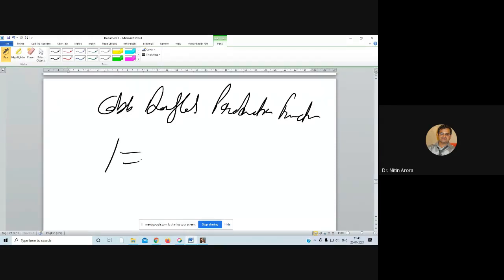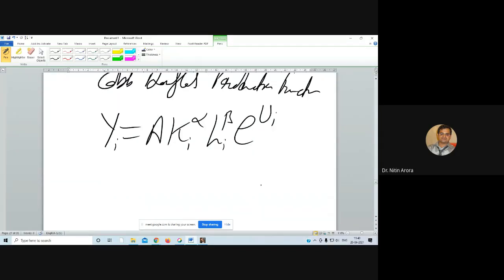Cobb-Douglas production function is y is equal to A K raised to power alpha, L raised to power beta, e raised to power u i. Suppose it's data of i equal to 1 to 100 firms.